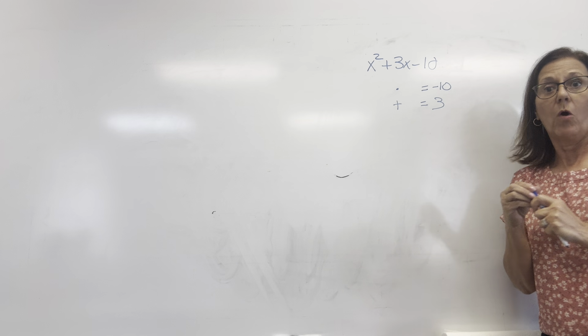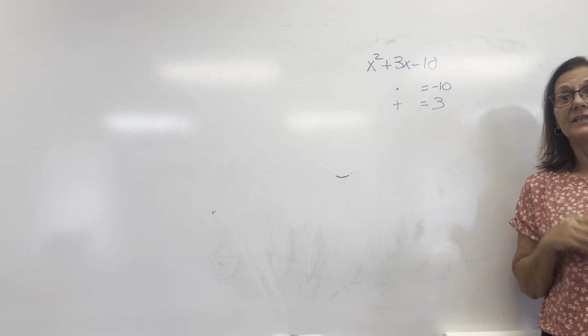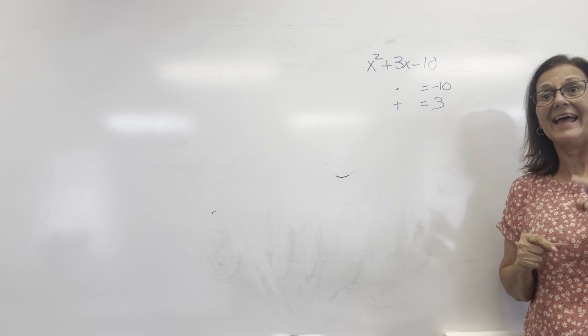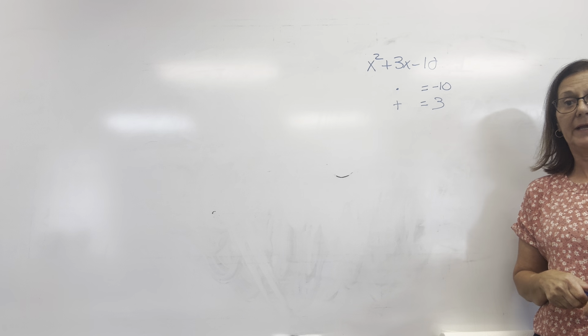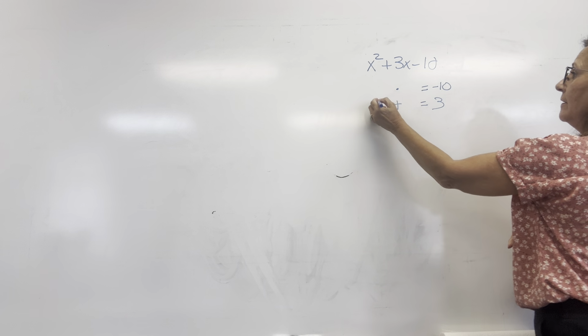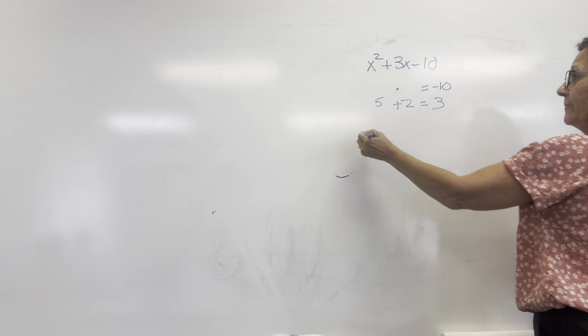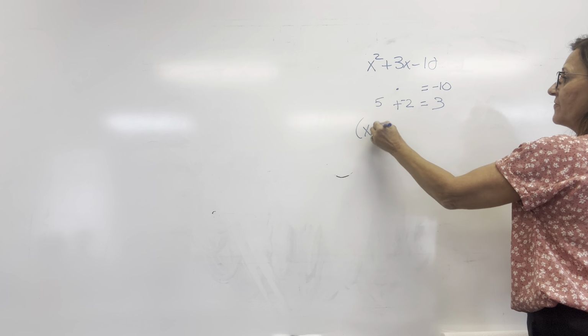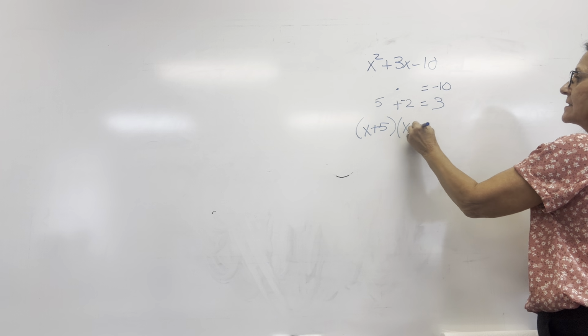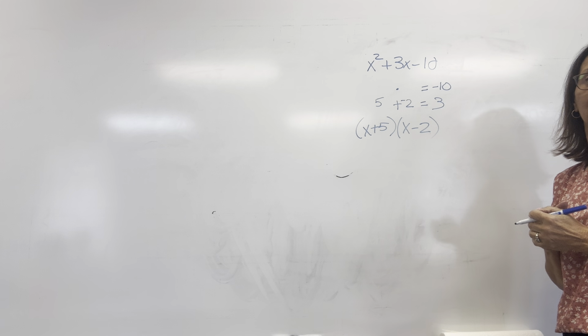John, what multiplied gives me negative 10, but added gives me positive 3? 5 and negative 2. Yes. 5 times negative 2 is negative 10. 5 plus negative 2 is positive 3. My factors are x plus 5, x minus 2.